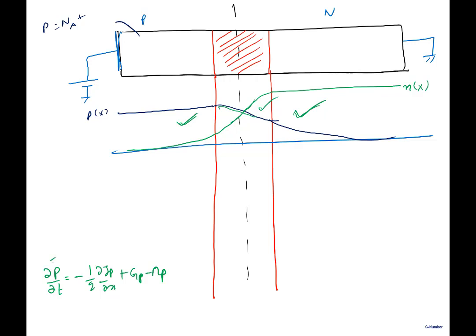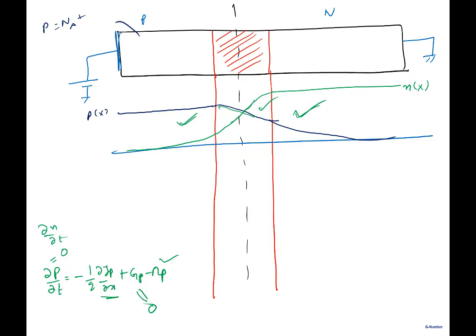Steady state means 0. We are talking about no generation, this is 0. Is there recombination? Yes. Will Jp vary as a function of X? So that was the same argument. Del N by del T, same you can write.